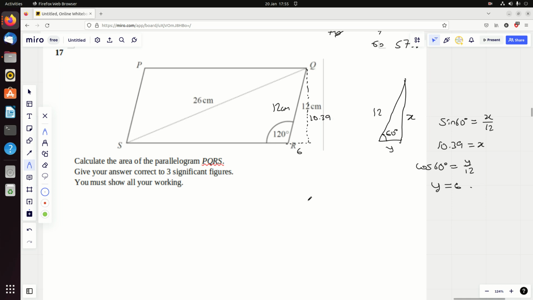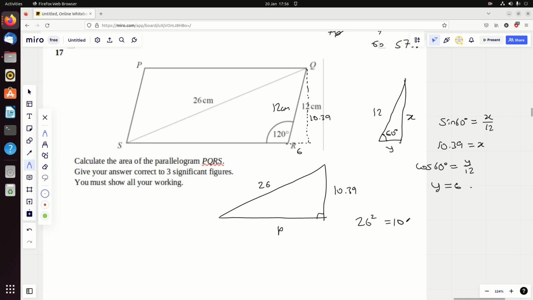I think we're in with a good chance now of getting this question right, because look at the big triangle now here. I mean this side, 26, this side, 10.39, and this side, let's call this P, or whatever letter you like really. We can find P, can't we, using Pythagoras. So I can say 26 squared equals 10.39 squared plus P squared.